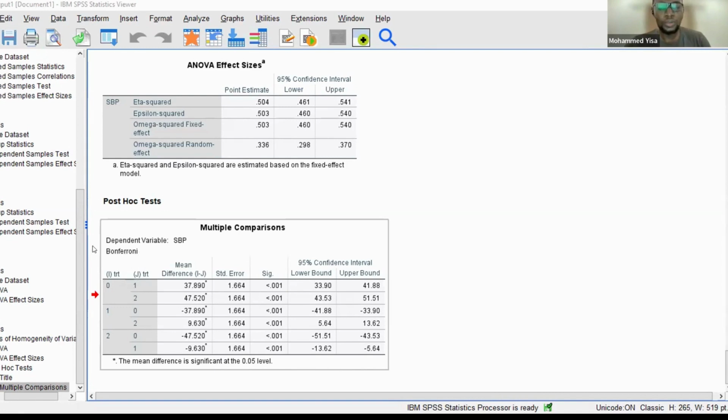So for the treatment variable, we're subtracting group 1 from group 0, which means we are subtracting treatment 1, which is old treatment, from placebo. Does it make sense now? Yes, it does. And then on this row, we are subtracting new treatment from placebo.